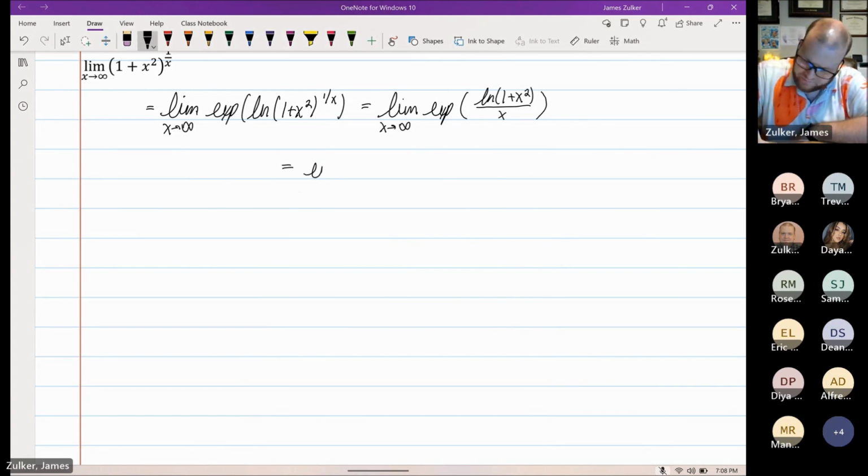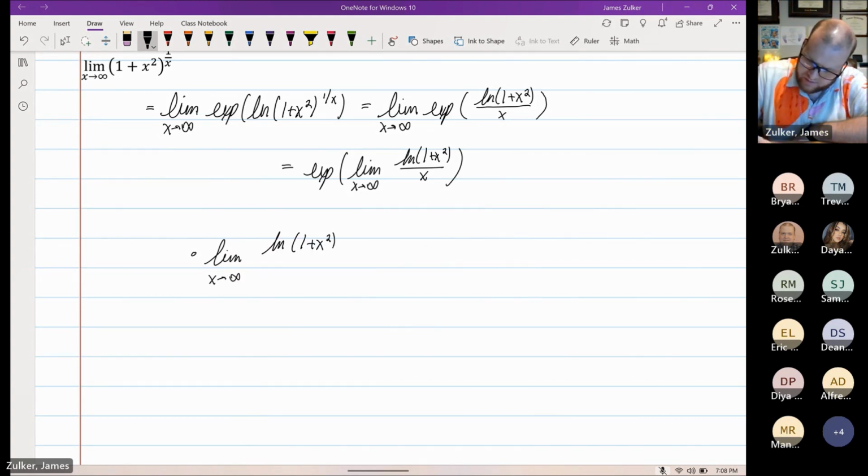And so now the limit that we're looking at is this limit. It's still infinity over infinity, so we can still use L'Hopital's rule.